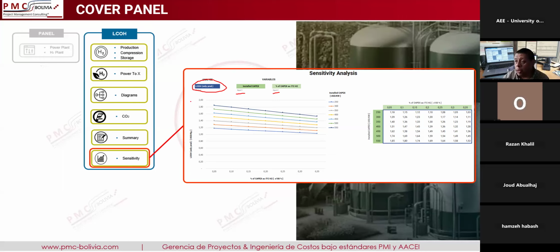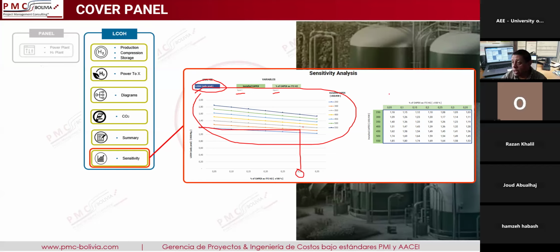And we can create here a graphic with curves showing what's happening if I change some value and how to obtain the LCOH or other output data.